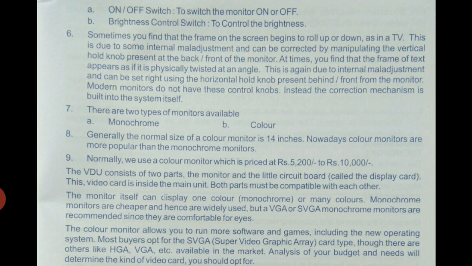Monochrome monitors are cheaper and hence are widely used, but VGA or SVGA monochrome monitors are recommended since they are comfortable for the eyes. See, whenever we think about the monitor, then there are some types of monitor like VGA, SVGA, etc. VGA means what?